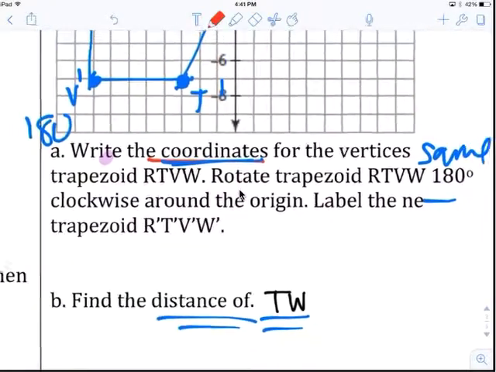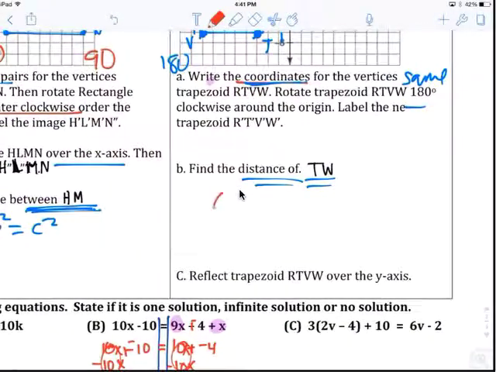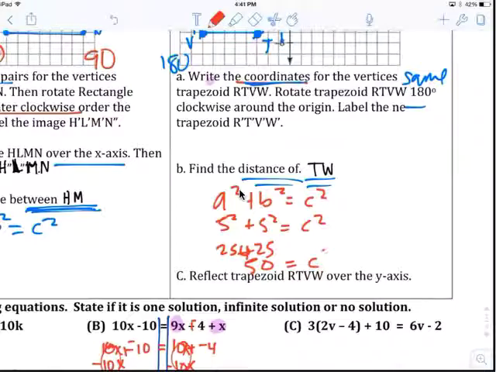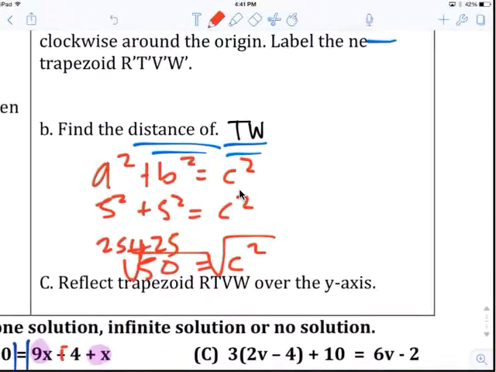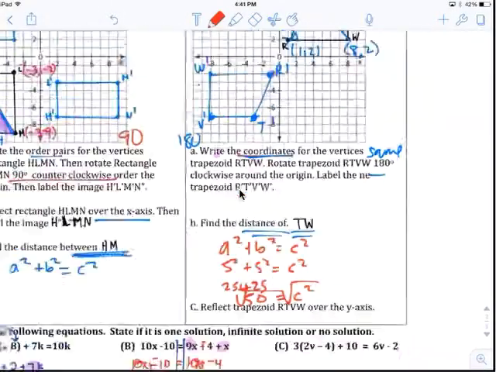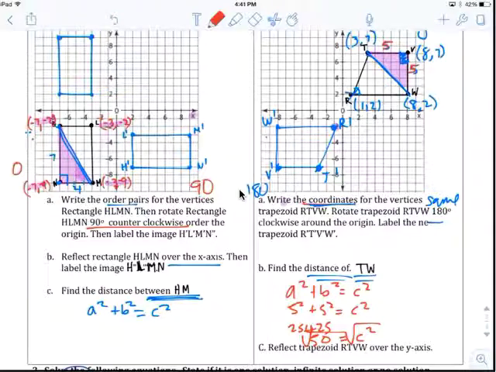A squared plus b squared equals c squared. 5 squared plus 5 squared equals c squared. 25 plus 25 is 50 equals c squared. Take the square root. Probably 7.1. It's this distance, whatever the calculator says, to the nearest tenth.